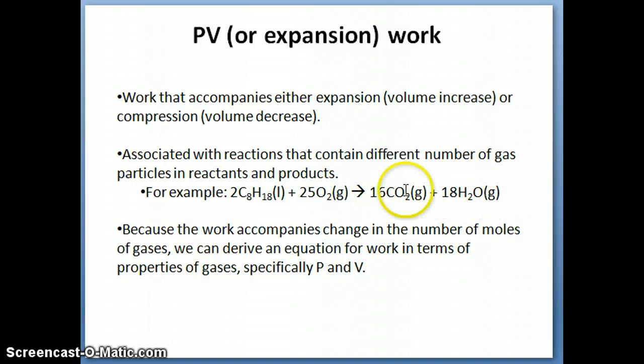So if you were to add them both up, you have 34 gas particles. In other words, you're going from 25 gas particles to 34 gas particles. And as you remember from the previous topic on gases, if we have more gas particles, that means we're going to have an expansion, the volume will increase, if the other two components are kept constant.